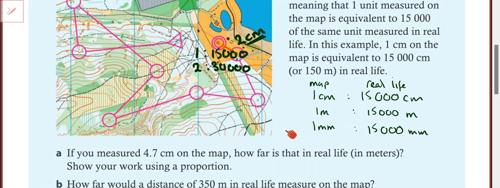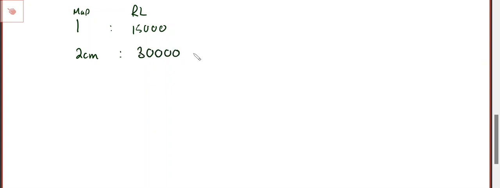Now, let's just work that out. This is why I think people get confused a little bit. So, if the ratio is map is 1, real life is 15,000, then 2 centimetres on the map in real life is 30,000 centimetres.